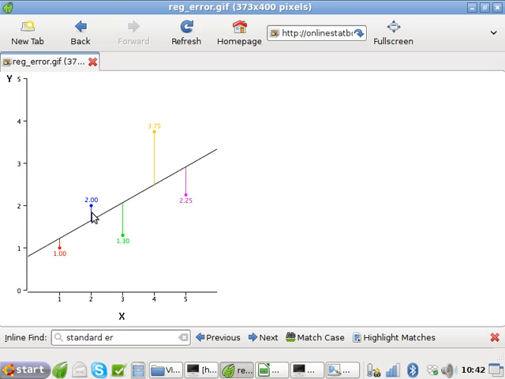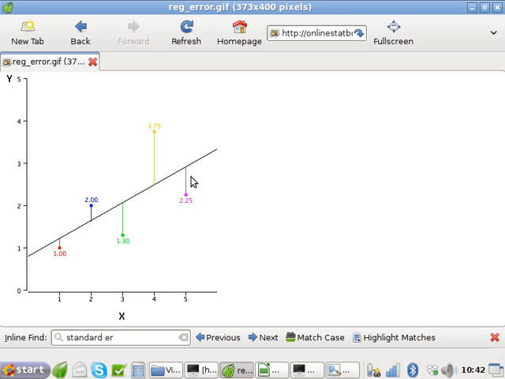What about this one here? 0.2, actually it would be nearly 1 unit, wouldn't it? 1 unit. What about here? 1.5, and here? Near 1. So if you average these errors, if you average these residuals, then you get on average how far wrong you were with the y.